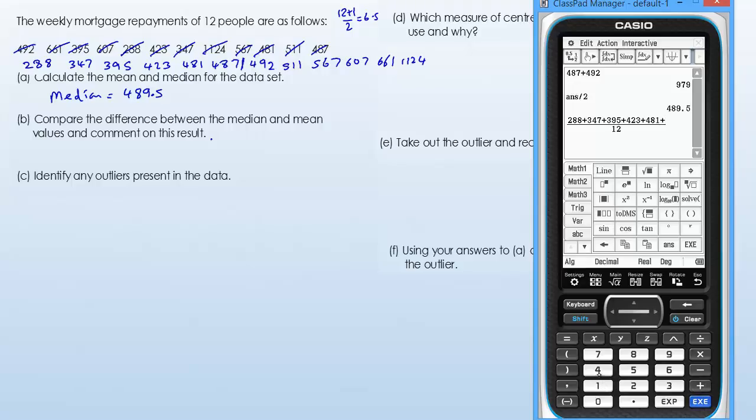and 487, 492, 511, and 567, 607, 661, and finally 1124.